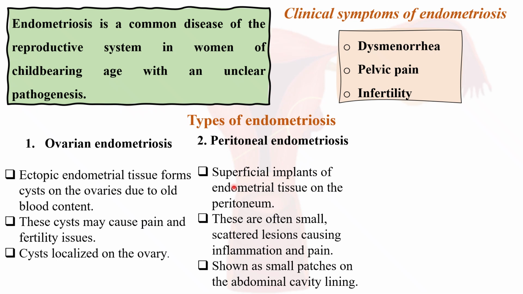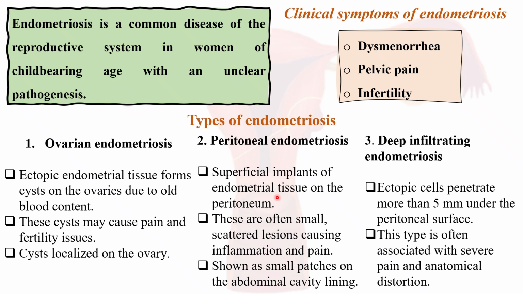So this shows small patches on the abdominal cavity lining. Another type of endometriosis is deep infiltrating endometriosis. In this case, the cells are present more than 5 millimeters under the peritoneal surface, and this type is often associated with severe pain and anatomical distortion.